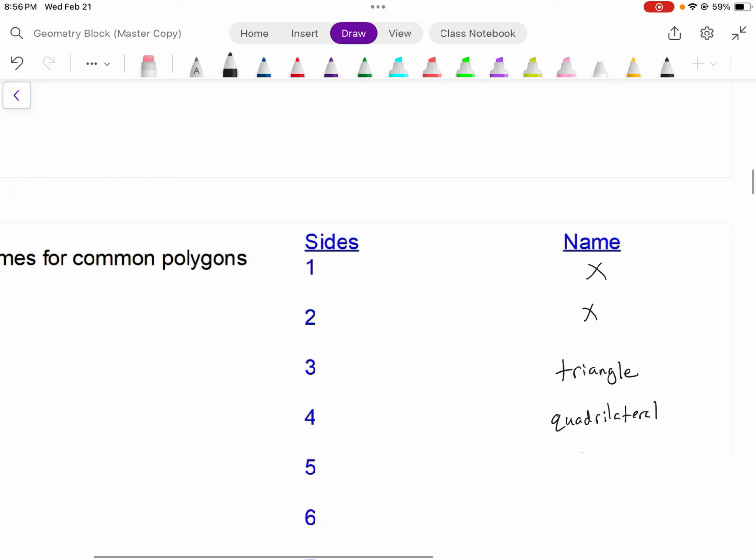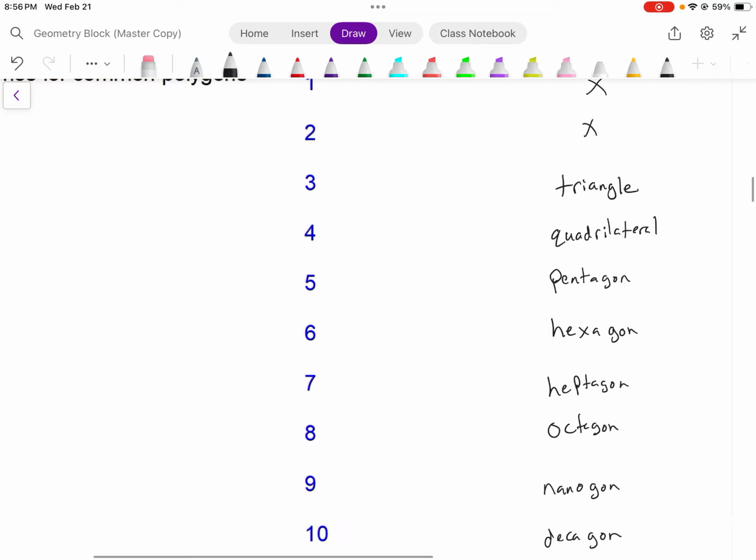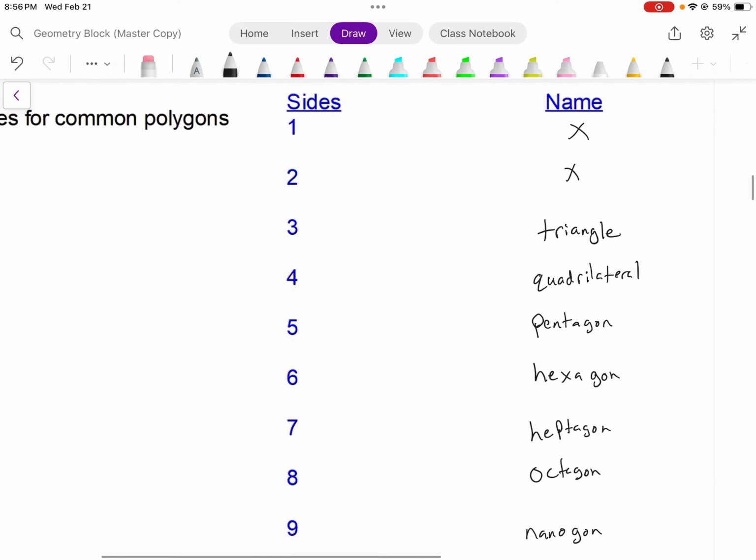Now, with this unit, we're going to have to memorize some sides and how we classify polygons based on those sides. And a lot of these you've seen already. You probably know most of them. 1, 2 sides, we can't create a polygon with those number of sides. To create a closed shape, we need to have at least 3. So 3, triangle. 4, quadrilateral. 5, pentagon.